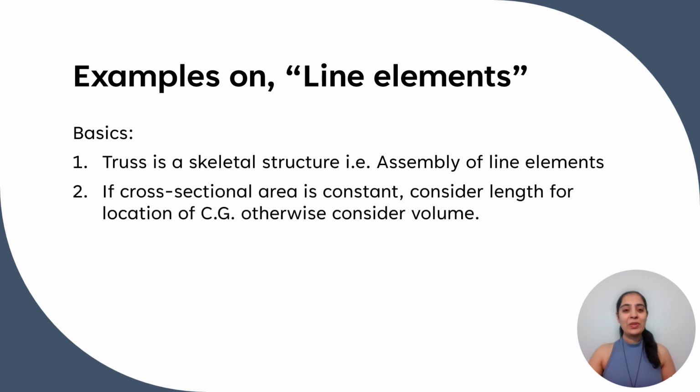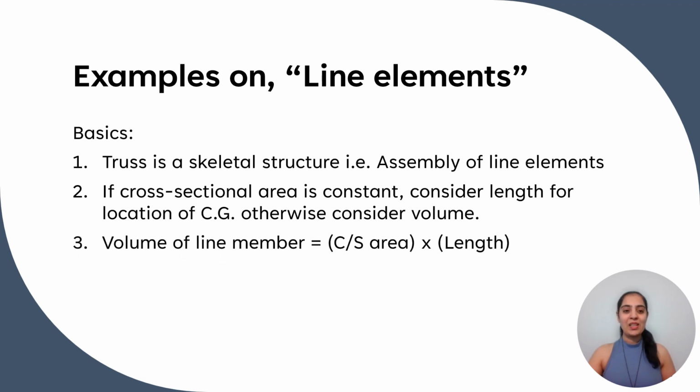And if the cross-section area is constant, we consider length for calculating CG. Otherwise, we consider volume. If we want to calculate the volume of a line member, it is calculated by this: cross-sectional area multiplied by its length.